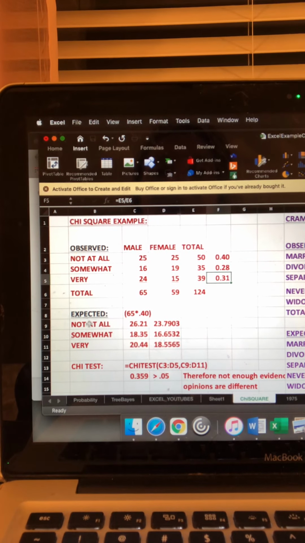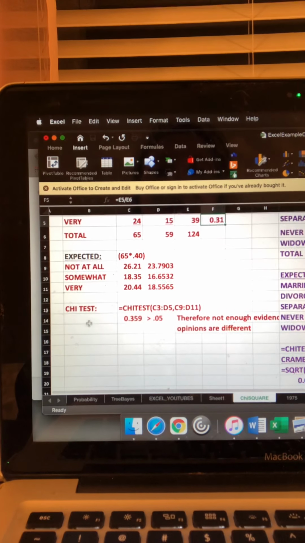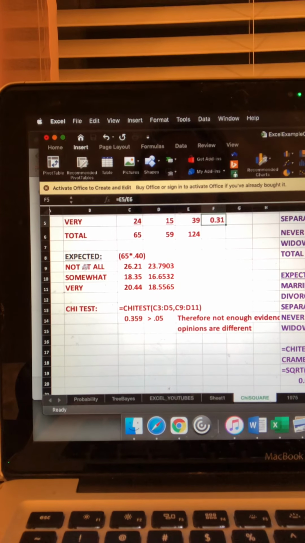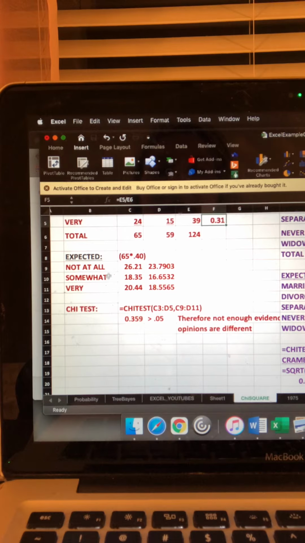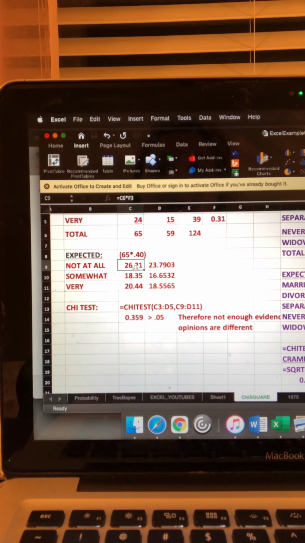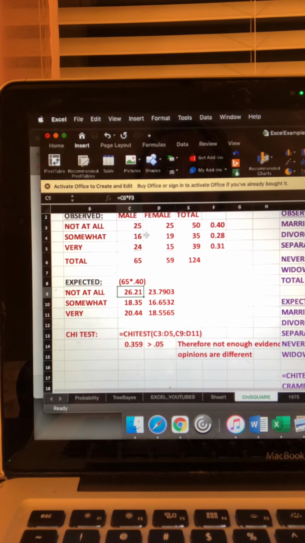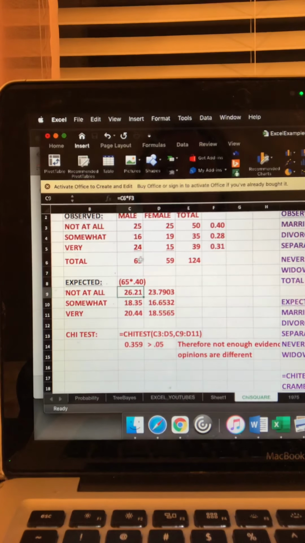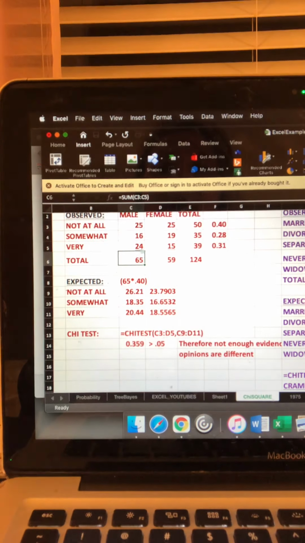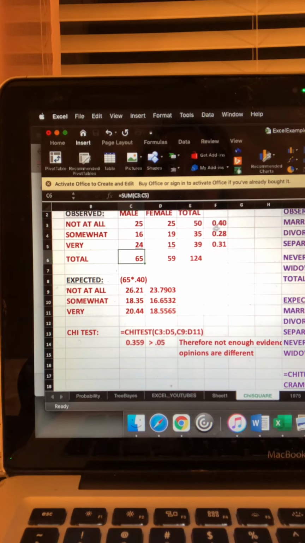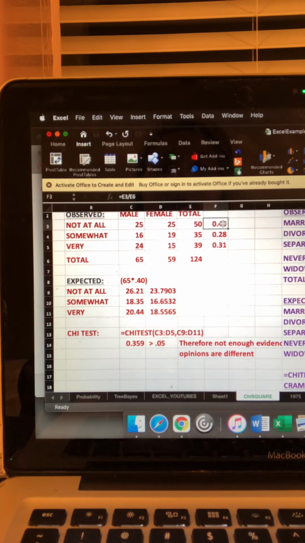Then we need to come up with a table of expected values. And here we're going to take, again, the same answers. The way we're going to calculate our expected value is we're going to take this total right here, 65, for our males, and multiply it by the percentage of not at all.